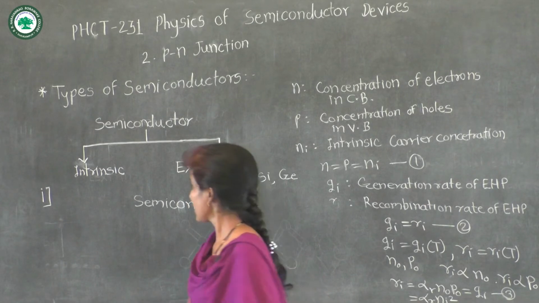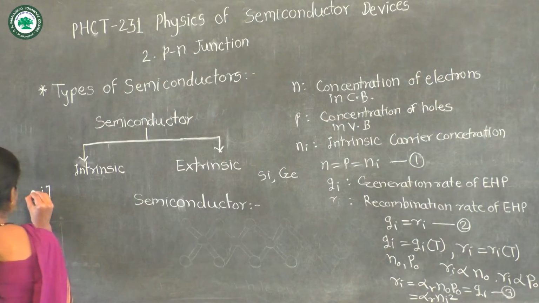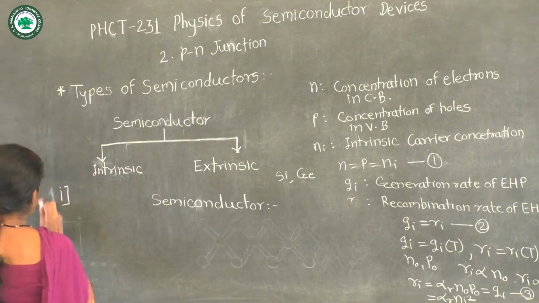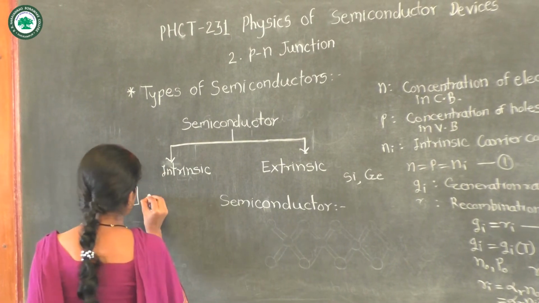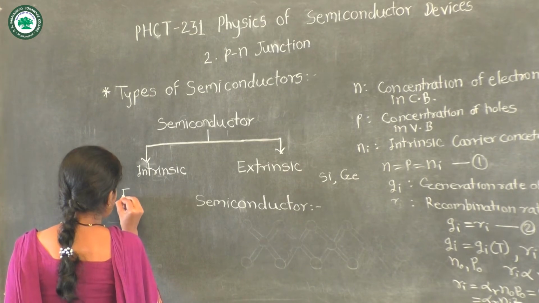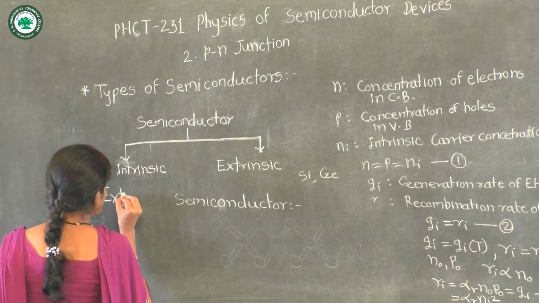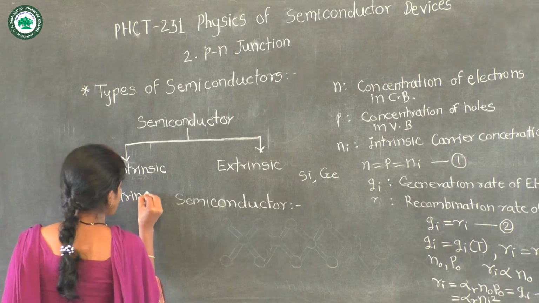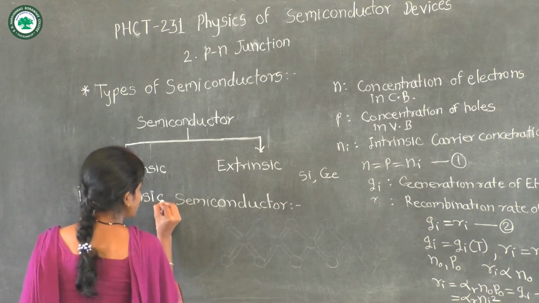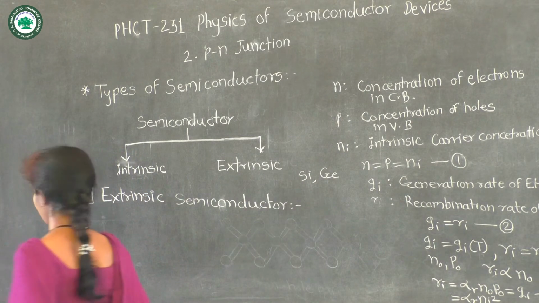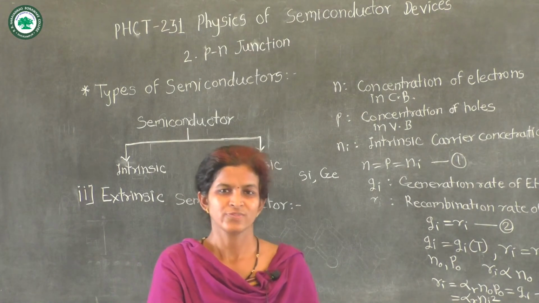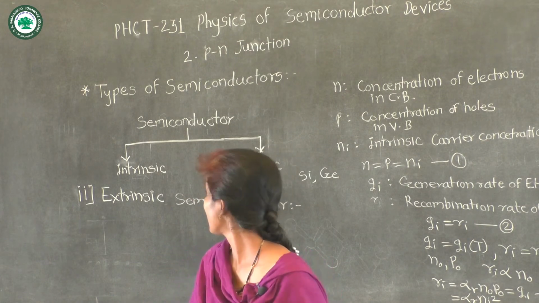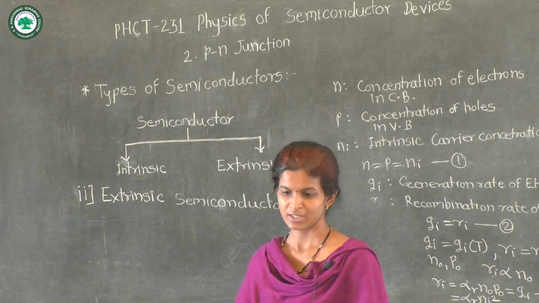That is, in extrinsic semiconductor, group 5 impurity or group 3 impurity is added to the semiconductor in order to get properties which are different from the intrinsic semiconductor.